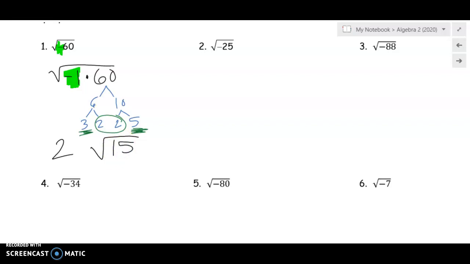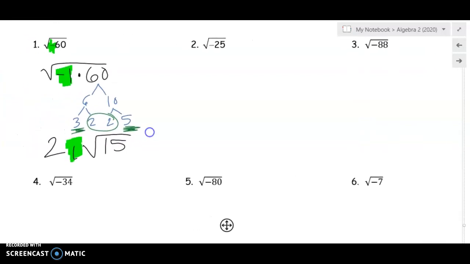Then I have this new thing to remember. If I took a negative out, and there's a negative in the problem, I need to put an i in the front of my square root. So I have 2i root 15.